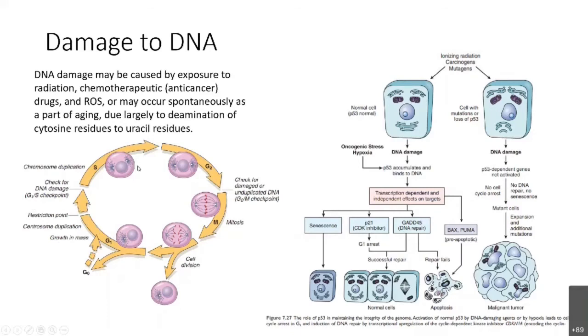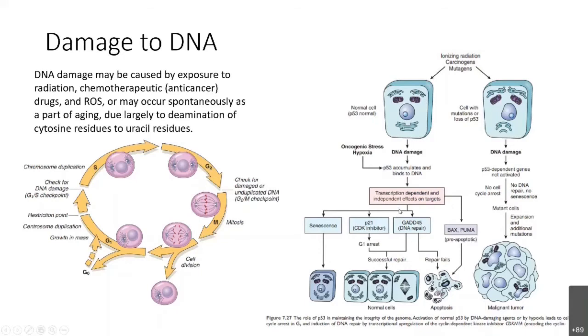Now, P53 is a very important gene, which is called the guardian of the genome, and this protein or this gene is located in the nucleus. So this helps in detecting whether there is any damage or not.